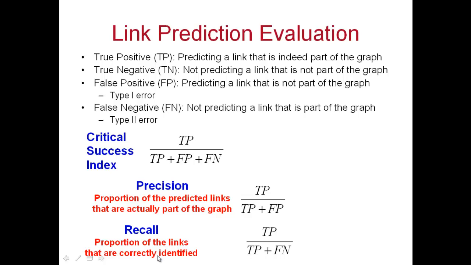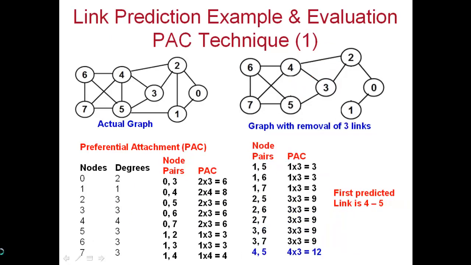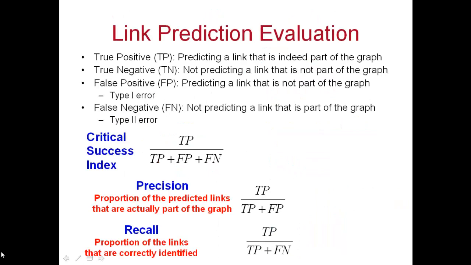Then recall is the proportion of the links that are there that were identified rightly. That is true positives divided by true positives plus false negatives. True positives plus false negatives is the actual links that are there, and recall is what proportion of these actual links you predicted rightly. These are the 3 things we will be measuring, and we would like all 3 to be closer to 1.